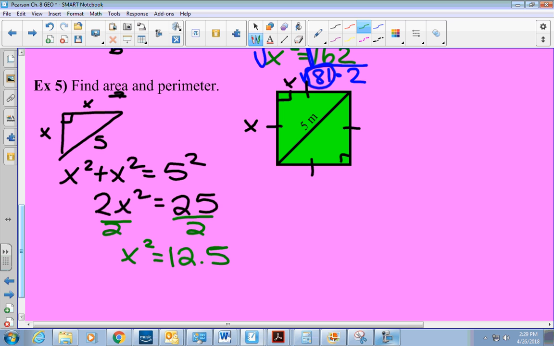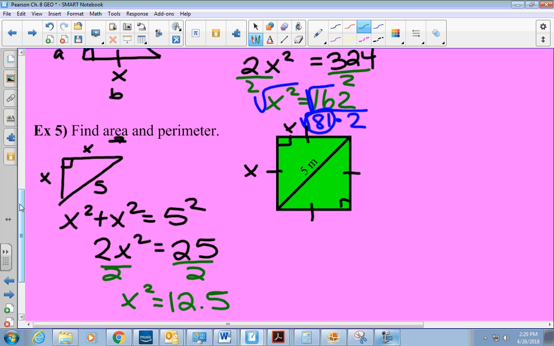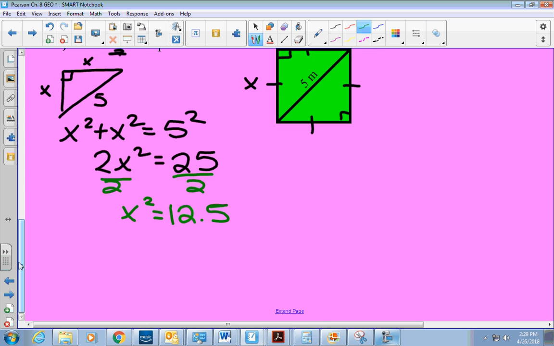All right, Josh, do you have your calculator as well? Because what's the next step? Just square. Sorry, it was the same step up here. So what is this called? Square root. Right. So we're going to take the square root of both sides, and 12.5 is not a perfect square.